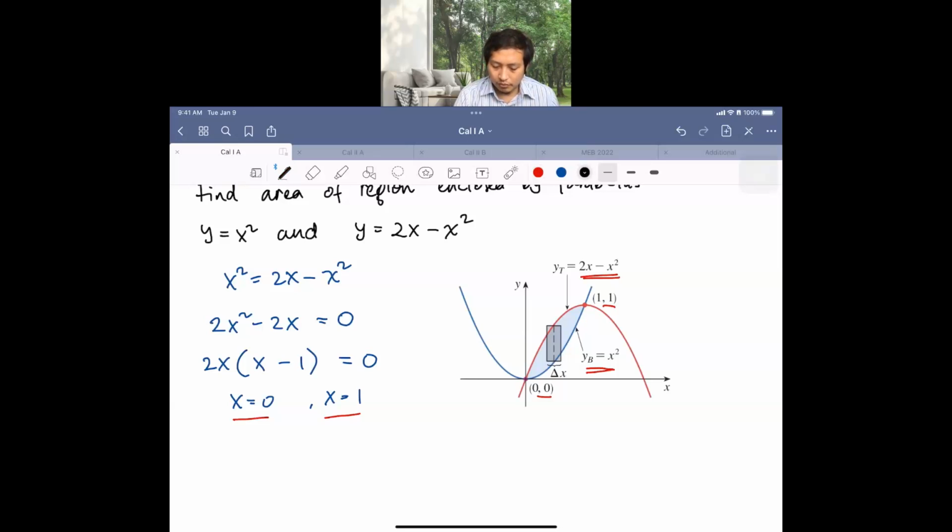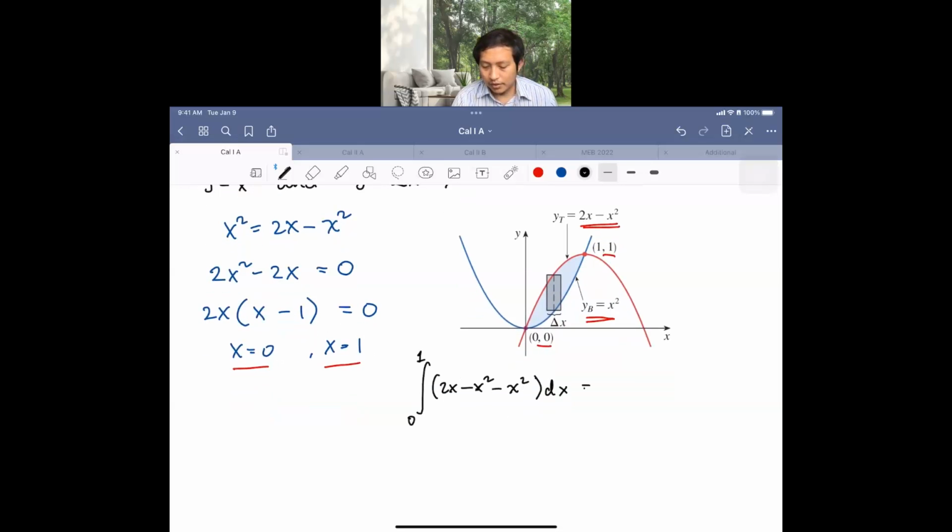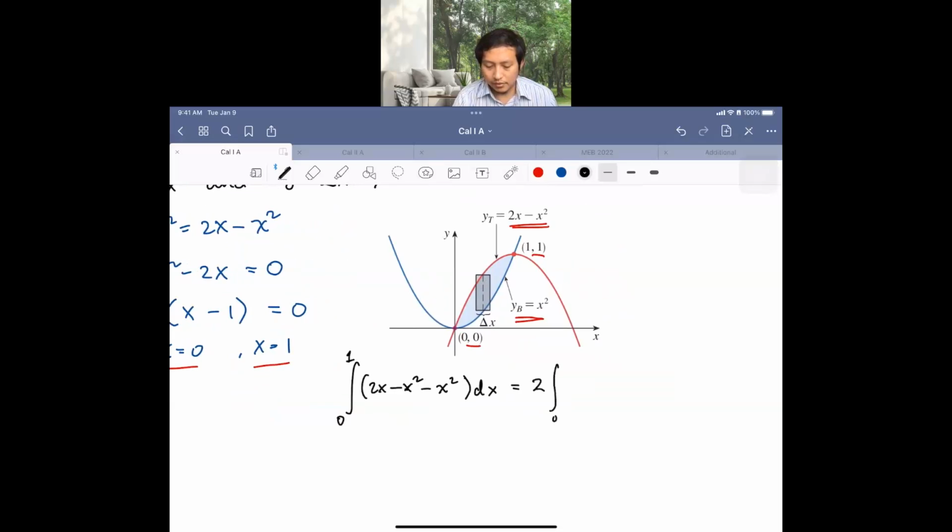Now we will have integration from 0 to 1. According to what we have here, we will have 2x minus x squared and then minus x squared, f minus g, right? And then dx. So we can factor 2 outside, so we will have 2 times the integral of x minus x squared dx.